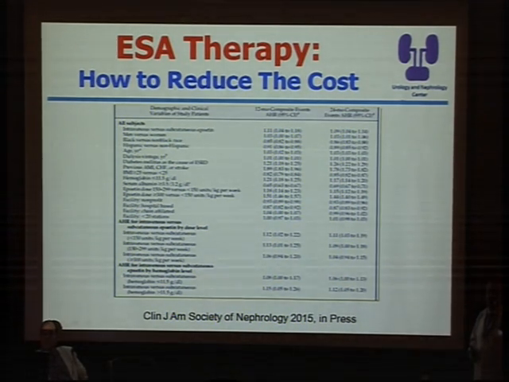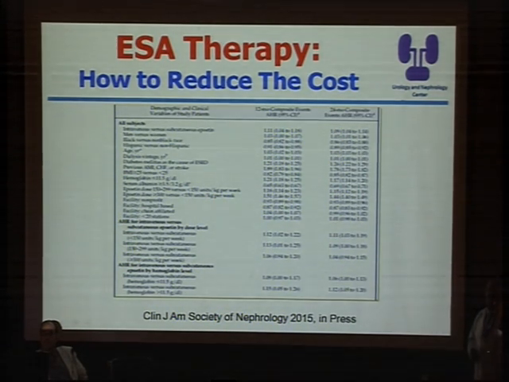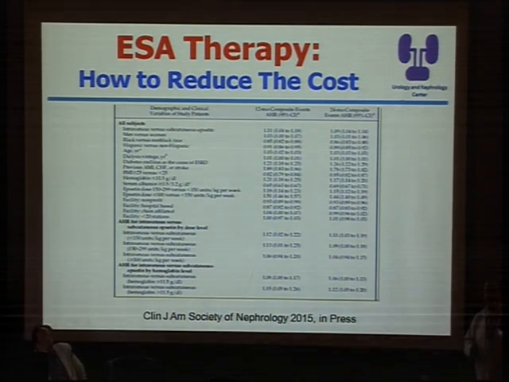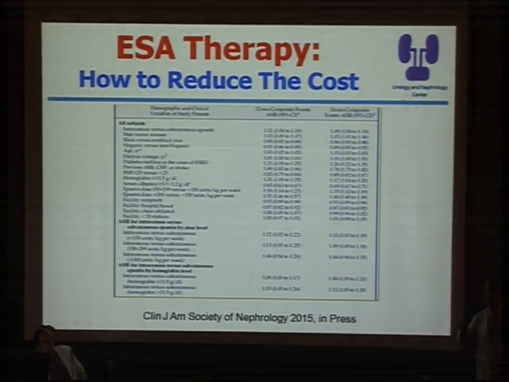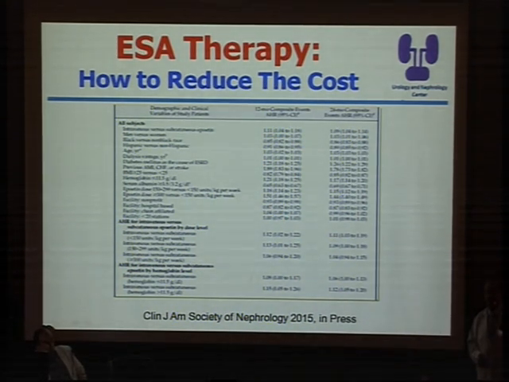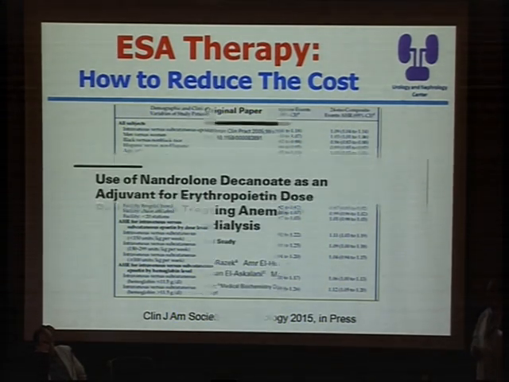Even the side effect profile is better with the subcutaneous route than intravenous. So in our countries, we recommend the subcutaneous route for erythropoietin because it will reduce the dose. If it reduces the dose by 25%, instead of treating 3 patients, I treat 4. So for each 3 patients treated, 1 is treated free of charge.